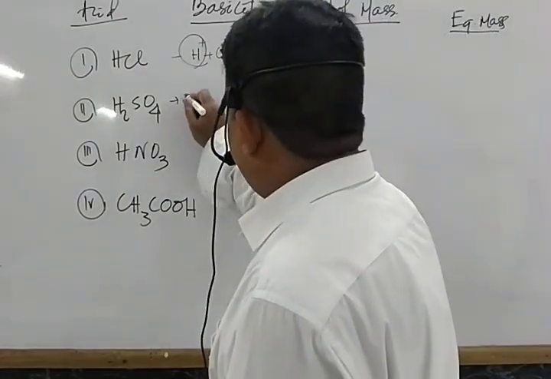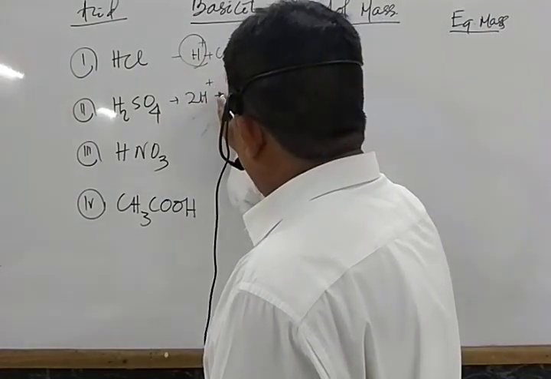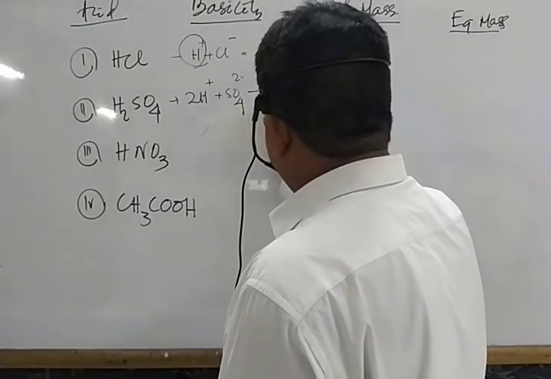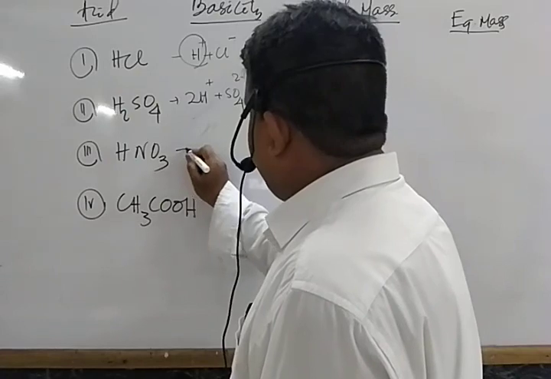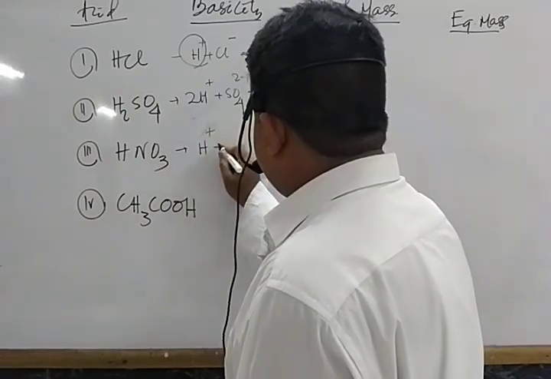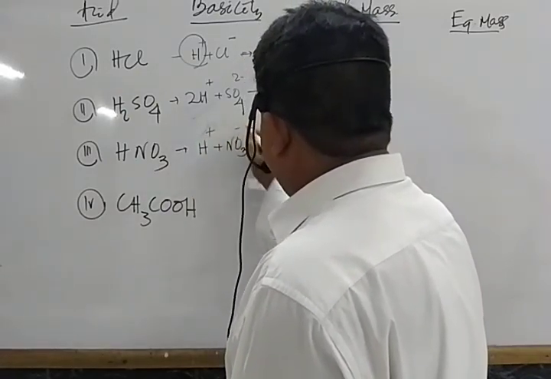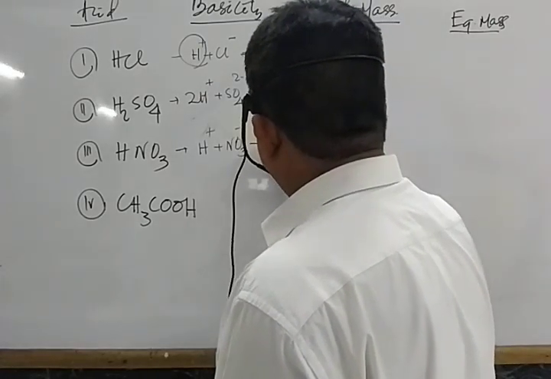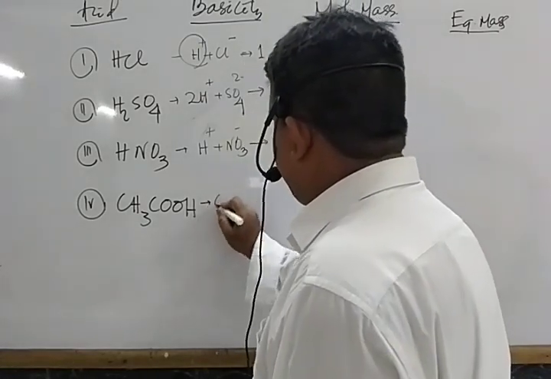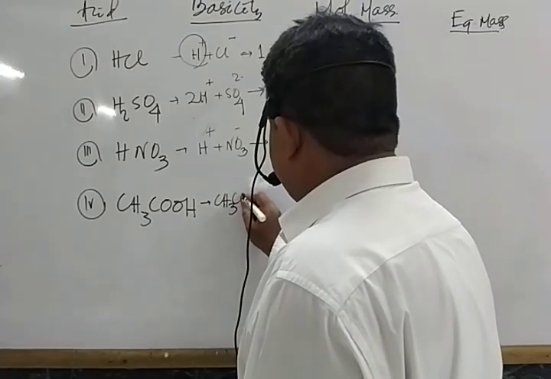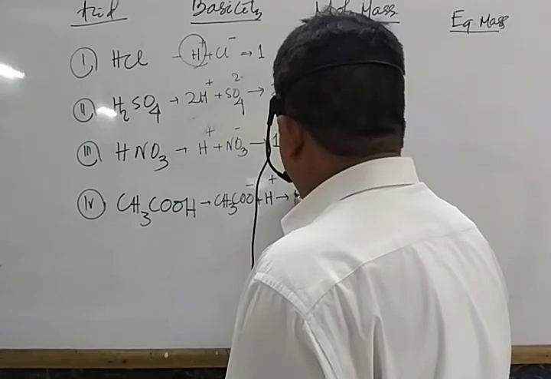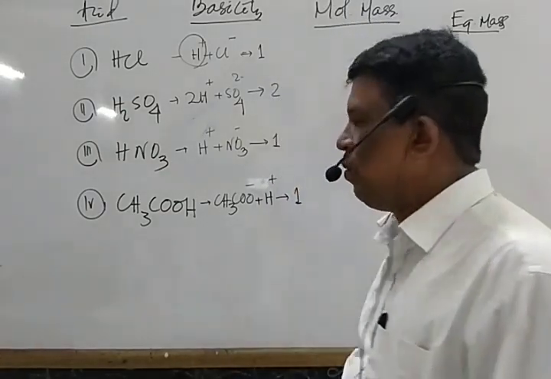Sulfuric acid breaks down to 2H plus and SO4 2 minus, so its basicity is 2. Nitric acid breaks down to H plus and NO3 minus, so its basicity is 1. Acetic acid breaks down to acetate ion CH3COO minus plus H plus, liberates 1 H plus, so basicity is 1.